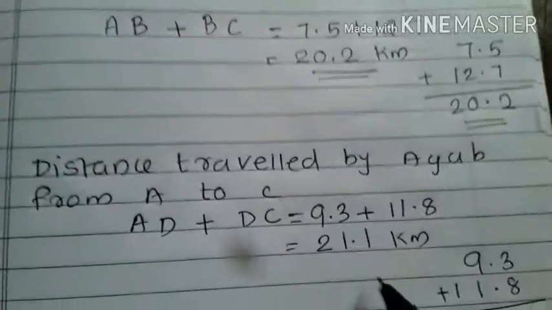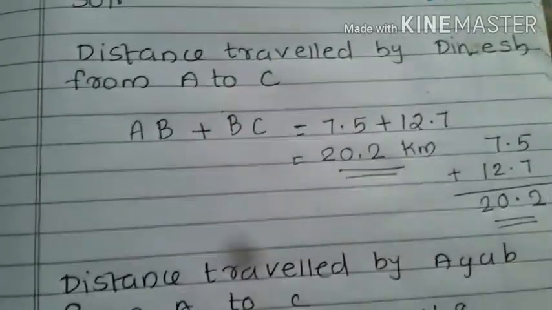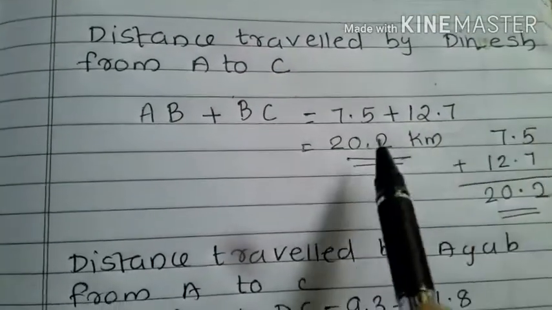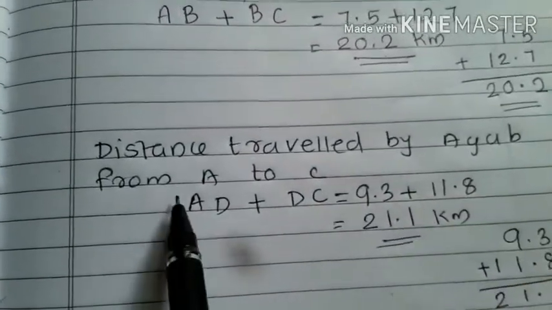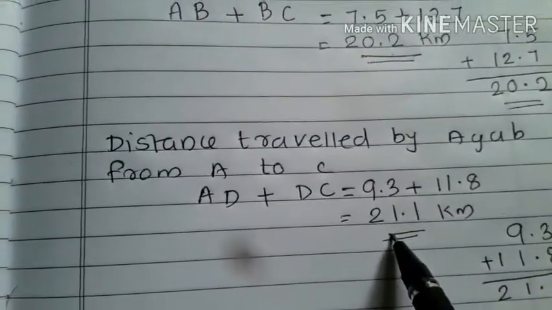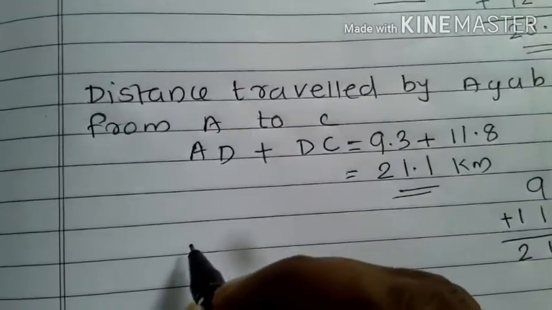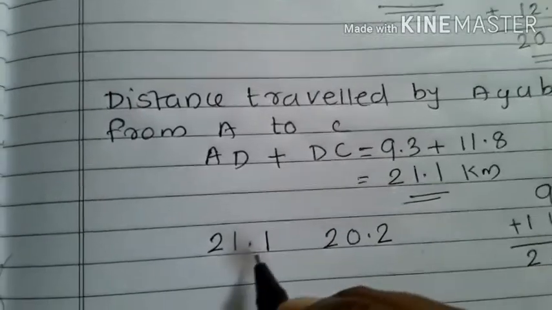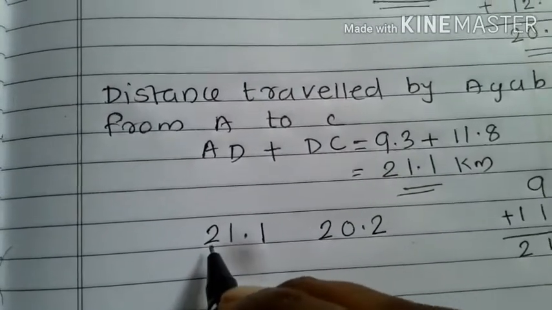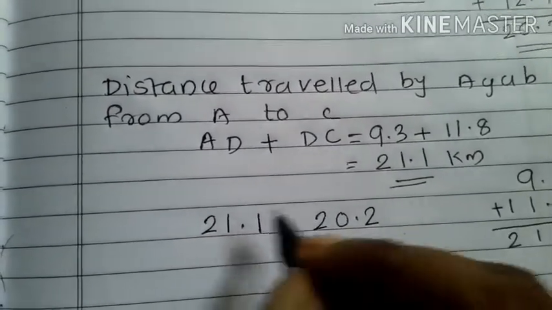So here the distance travelled by Dinesh is 20.2. Distance travelled by Ayub is 21.1. So here we compare the numbers. Which one is greater? Here 2, here is also 2.